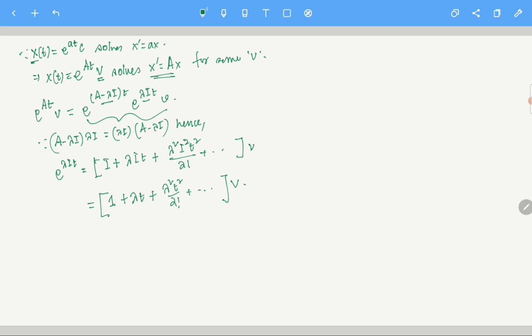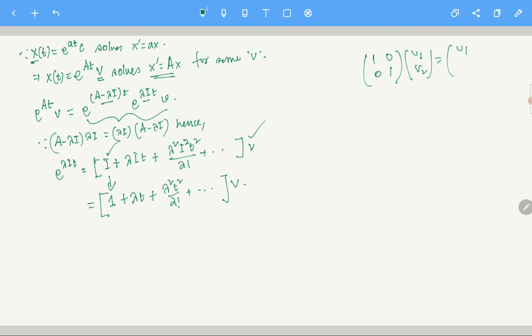Now, do you think that I am changing I to 1? Just take two seconds and think about it. No, we are not doing that. Let's do it for a 2 cross 2 case. I times v, where I is [1 0; 0 1] and v is (v1, v2).